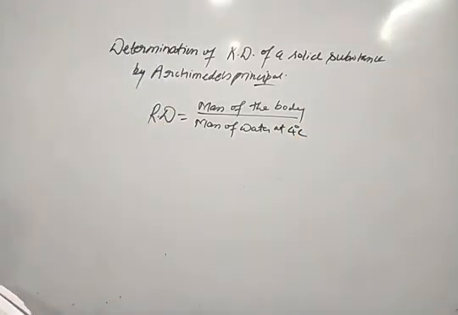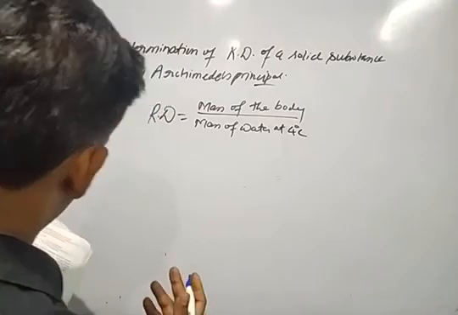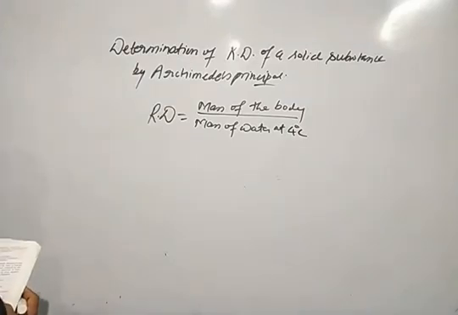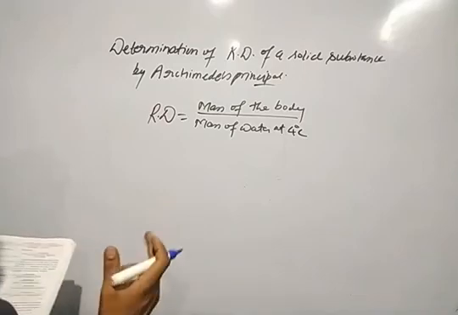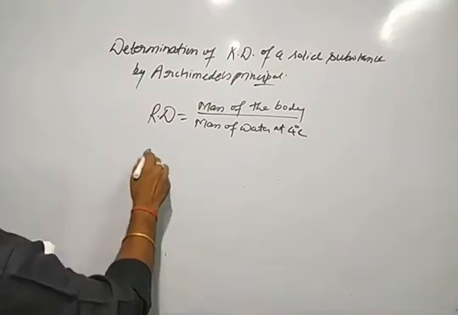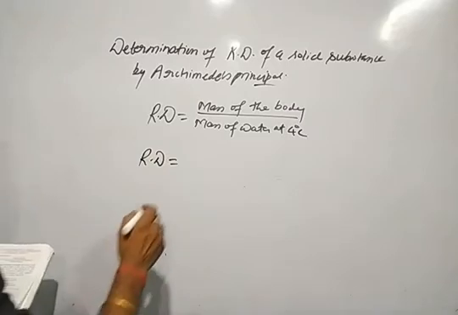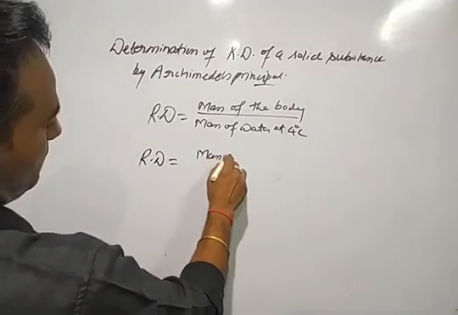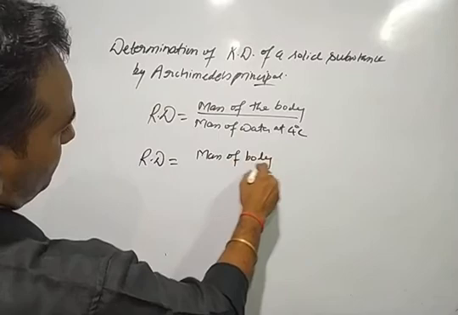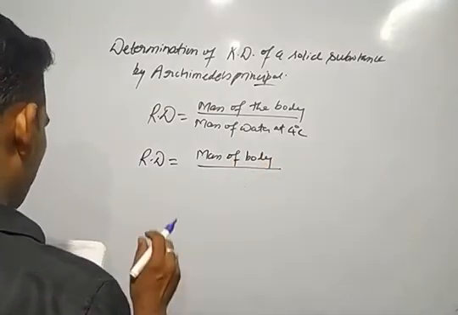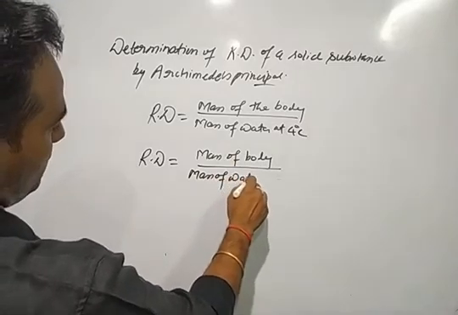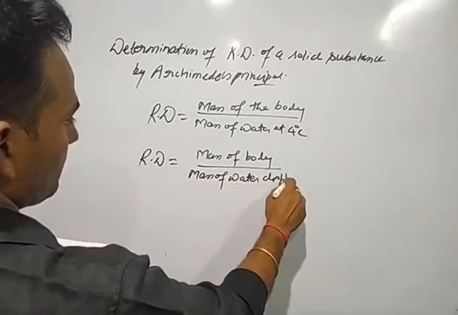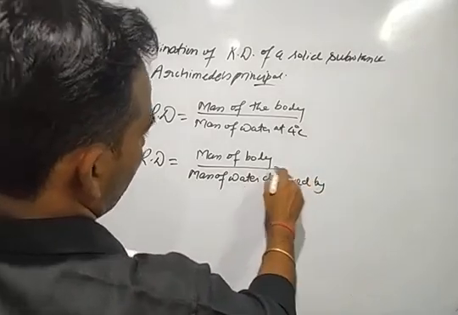Using Archimedes principle, the mass of water of volume equal to that of the body is obtained by finding the mass of water displaced by that body when it is completely immersed in water, since a body when immersed in water displaces water equal to its volume. So relative density is equal to the mass of body upon the mass of water displaced by the body.